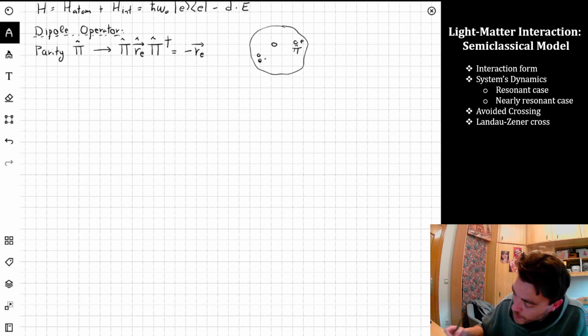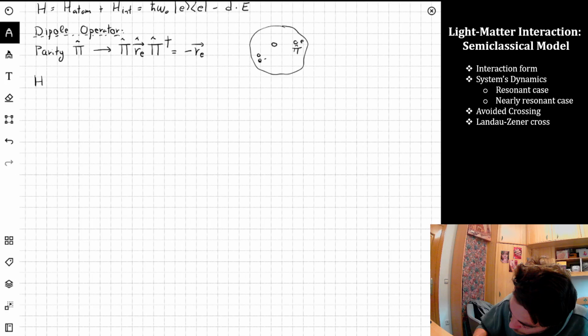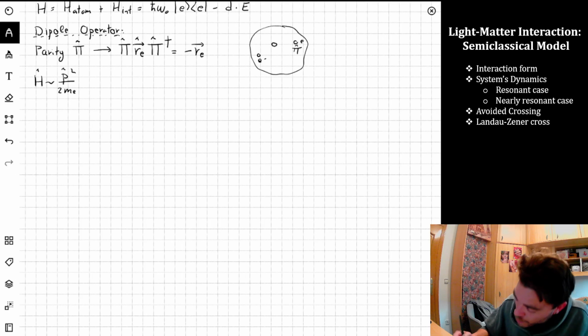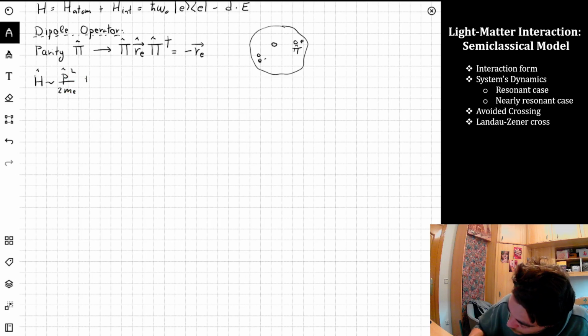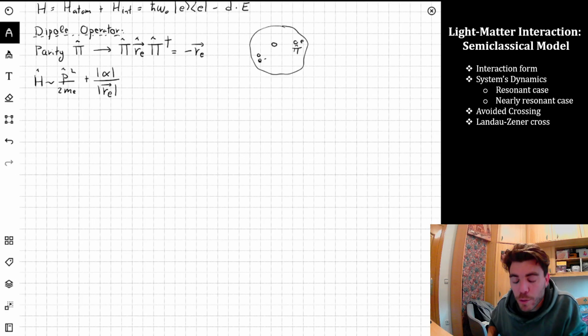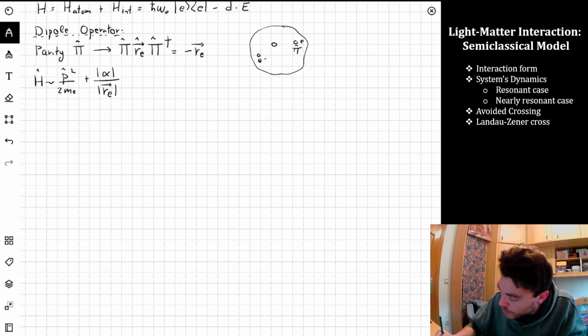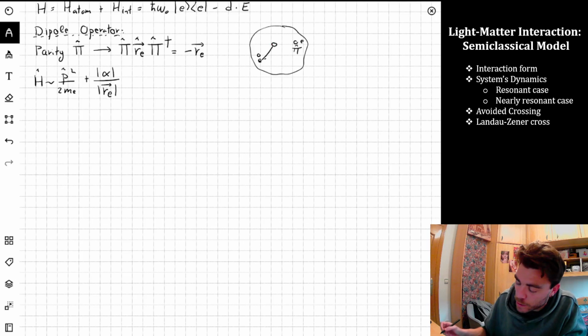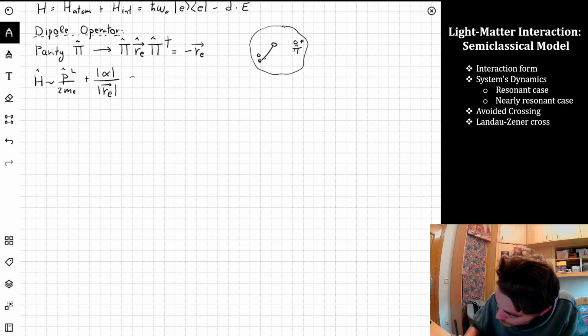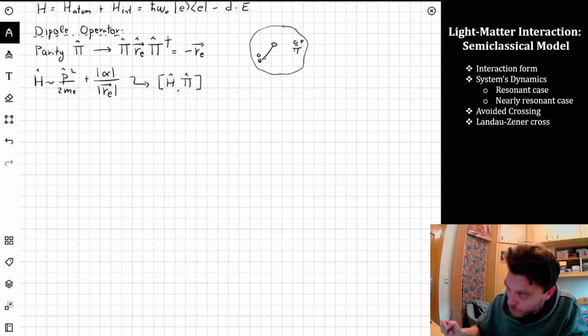So one of the things we can see is that in atomic physics, the Hamiltonian of the system is of the form p squared over 2m, where this is just the kinetic energy of the electron, and then there is some kind of potential that has some strength and depends inversely proportionally on distance, but it doesn't care about the direction. It cares only about the absolute value of the distance between the electron and the proton. So this means, it's subtle, but it's clear, that the Hamiltonian of the system commutes with the parity operator of the system.